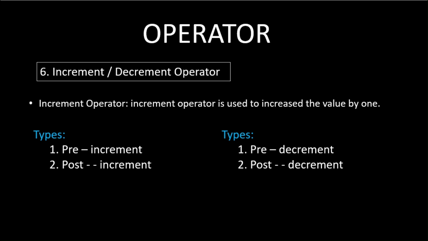The pre-decrement is used to decrease the value by one. Its definition is that first it decreases the value by one, later it uses the value. And the post-decrement definition is first use the value, later decrease the value by one.